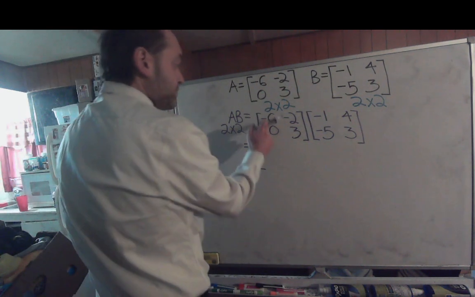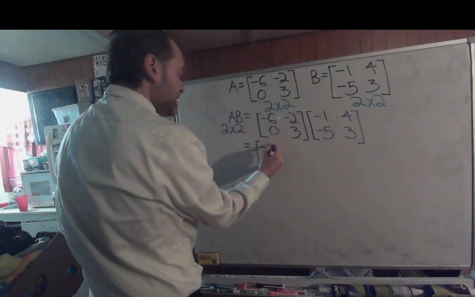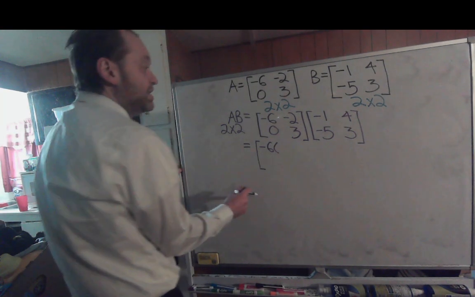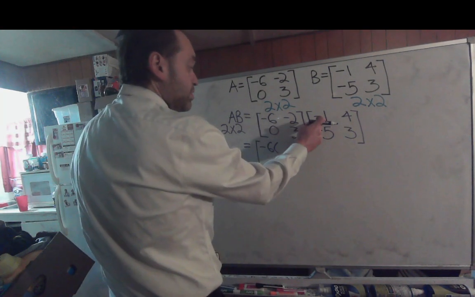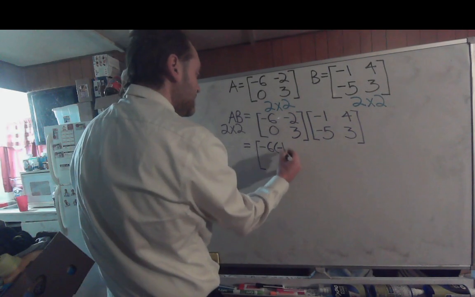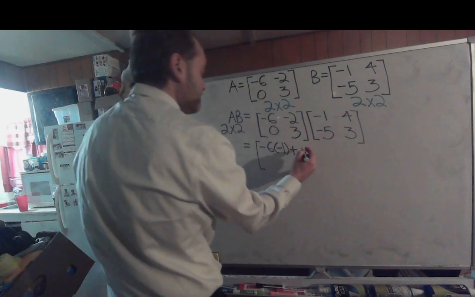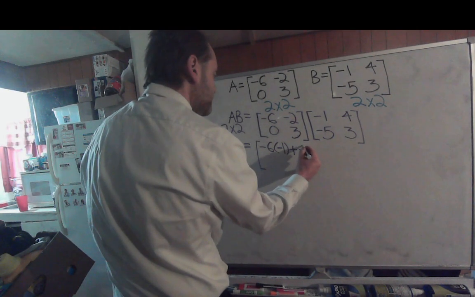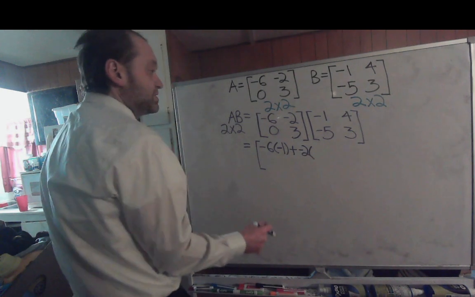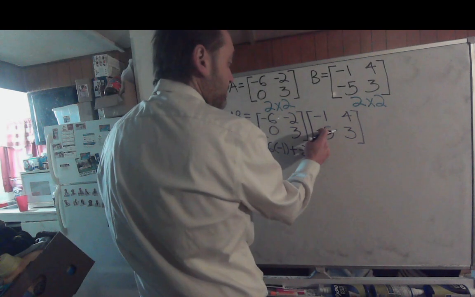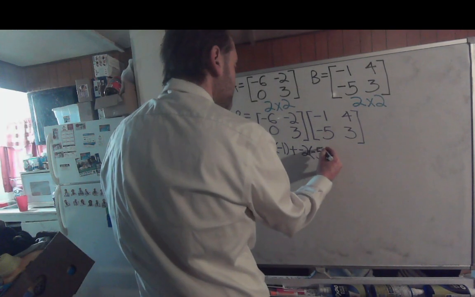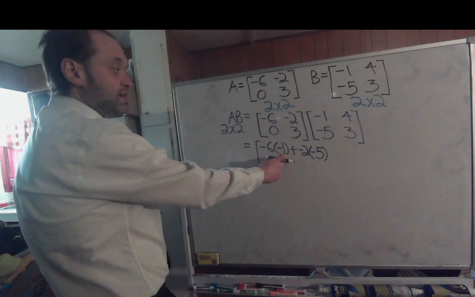You're going to take the first number in the first row, which would be -6, multiply that times the first number in the first column, which would be -1, plus you'll take the second number in the first row of -2 times the second number in the first column of -5, and that'll be it for your first number.